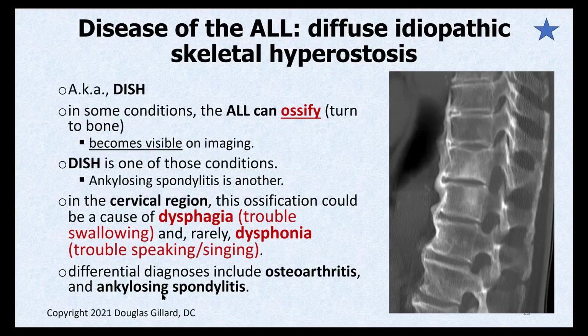Because when you work up a patient, you take a history, you do an exam, maybe take some x-rays or review an MRI, and then you have to put forth your professional opinion. That's going to be your primary diagnosis. In this case, it would be DISH, would be your professional opinion.